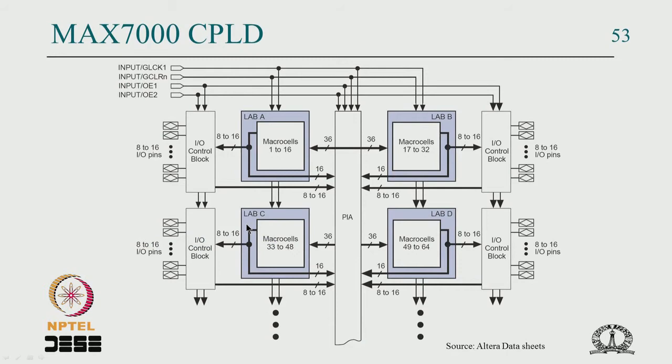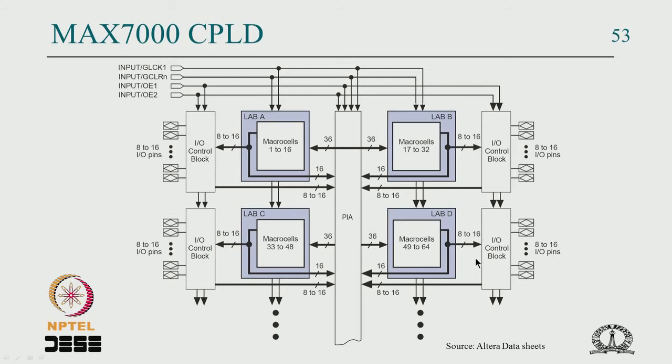Okay. So here this is the Altera Max 7000 CPLD. This is taken from the Altera data sheet. I will be using the data sheets of both Altera and Xilinx because some diagrams are good in Altera, some diagrams are good in Xilinx.